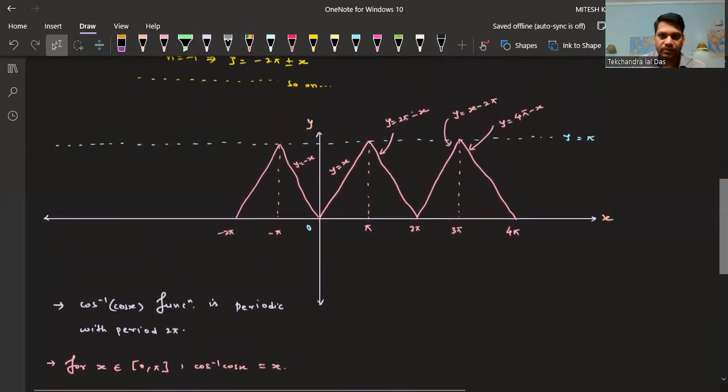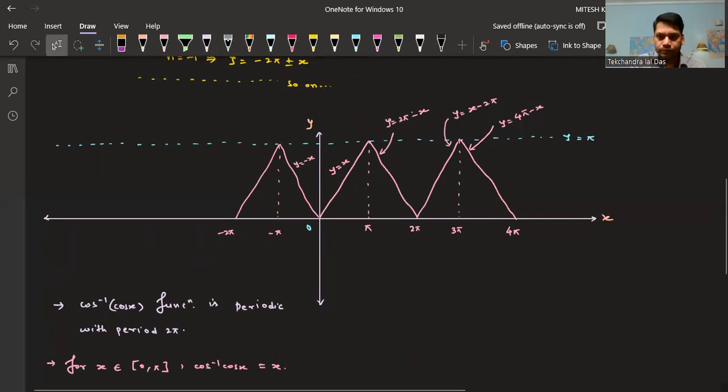This branch is x minus 2 pi, no? So if the value is on this branch, then definitely that value minus an even multiple of pi. If that x is on this branch, then an even multiple of pi minus x, you can say.